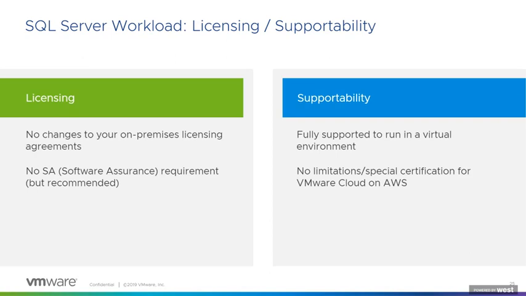From the licensing perspective, the same rules for licensing SQL Server workload on a hypervisor apply to your VMware Cloud on AWS, meaning that you either can license based on the number of vCPUs assigned to a VM hosting SQL Server workload, or you might want to license an entire hypervisor host, licensing all cores, and in combination with software assurance that will allow you to run an unlimited number of VMs hosting SQL Server workload on top of such licensed hosts.